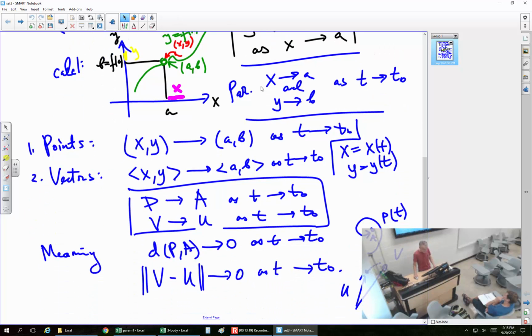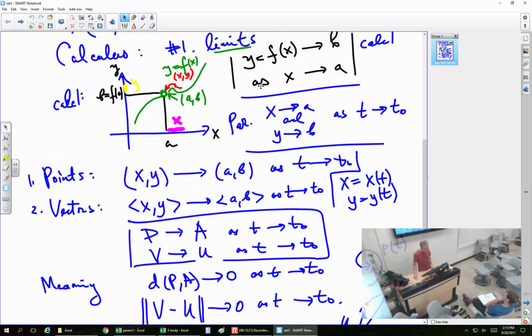That transition, maybe I skipped that a little bit too quickly, but I just want to remind you how we transition from one to the other between points and vectors, especially in high dimensions.